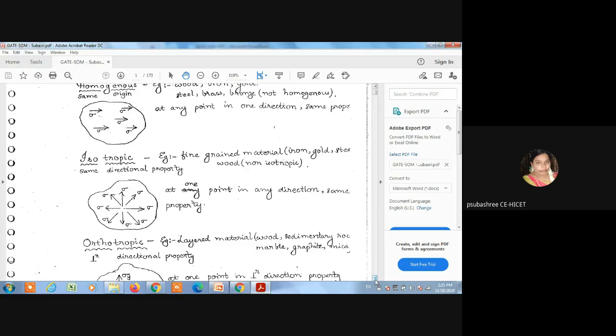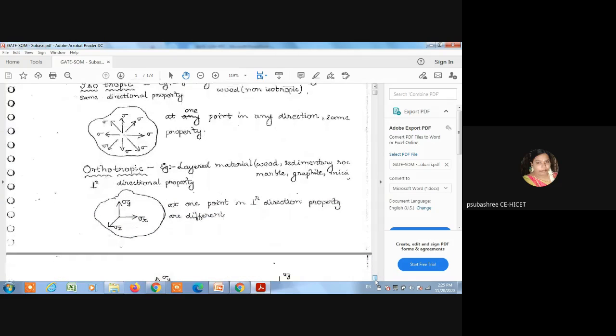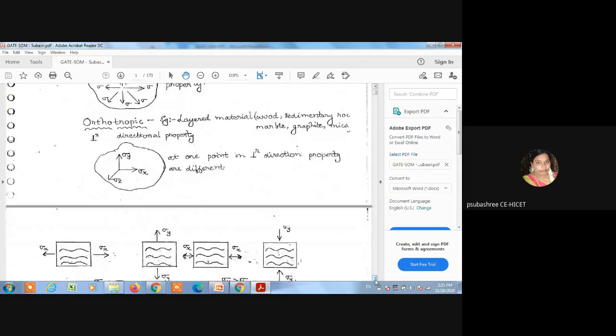Isotropic means the material has the same property at a point in any direction, for example the x direction and y direction. Then orthotropic means that at one point, in perpendicular directions, the properties are different. So the material has different mechanical properties.